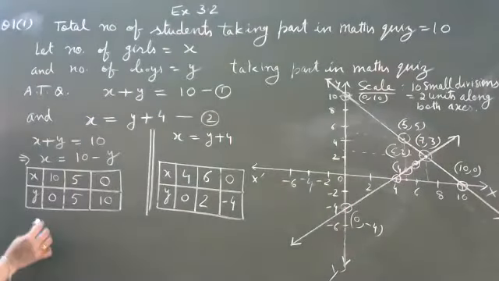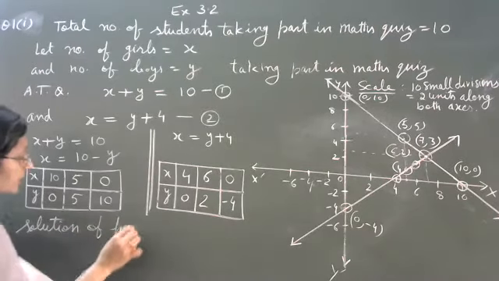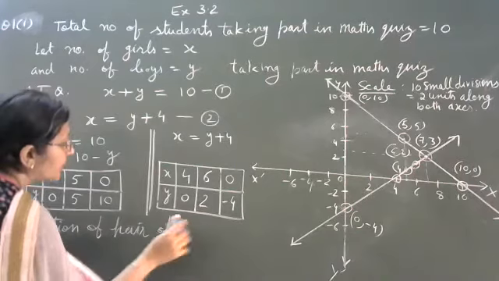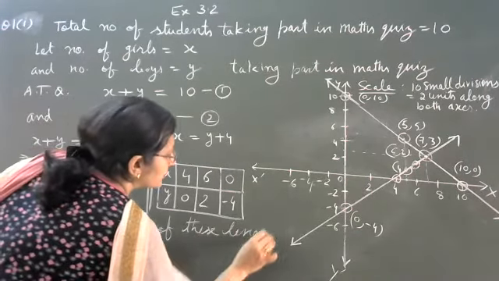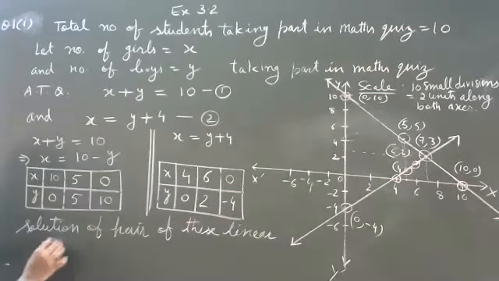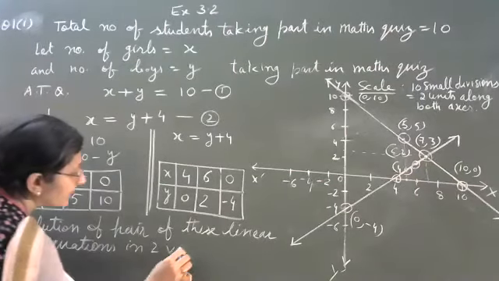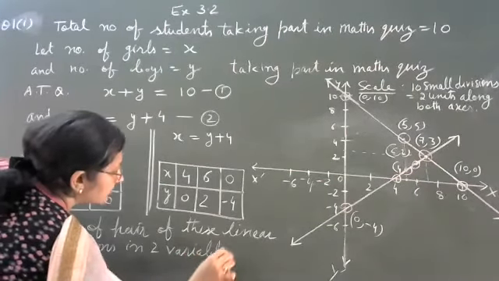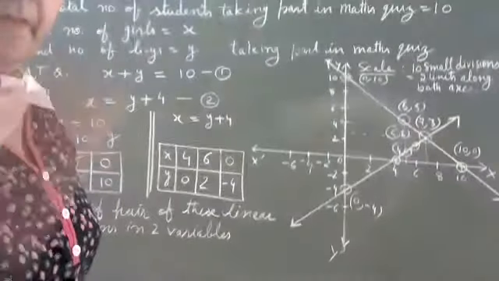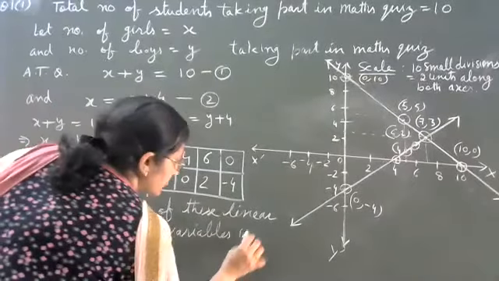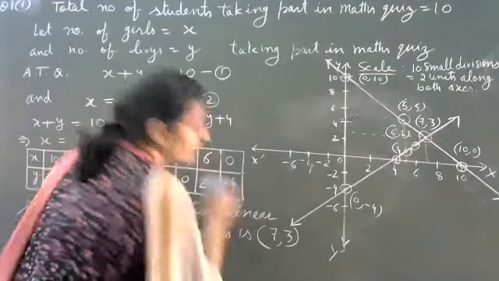So solution of pair of these linear equations in two variables is, abscissa 7, ordinate 3.